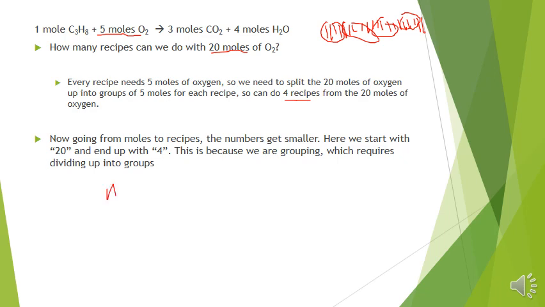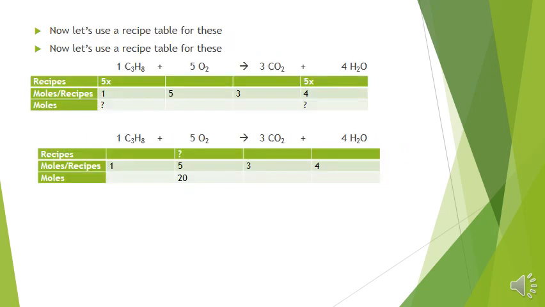In this case, whenever you go from moles to recipes, you will divide. Going the other way, as we just showed, you multiply, because you're emptying out the recipes, and for the moles, you divide them up into recipes, okay?